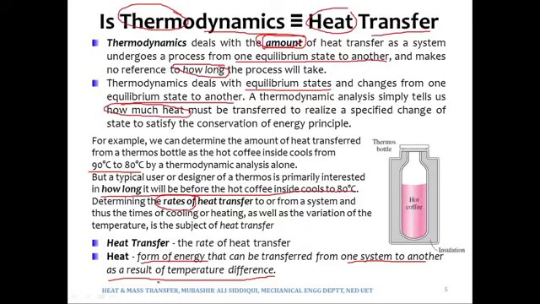Now what this means is that if there are two systems, say A and B, and suppose A is at a higher temperature, say 100 degrees Celsius, and B is at a lower temperature, for example 30 degrees Celsius.